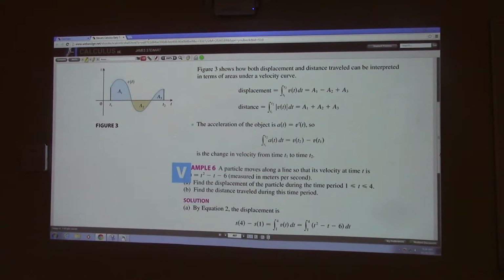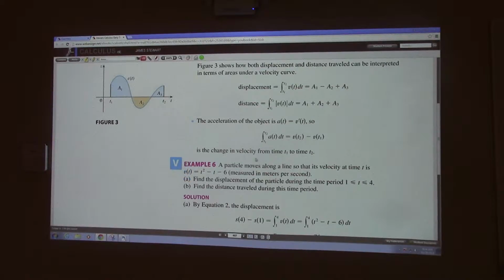Here's one. The particle moves along a line, so the velocity at time t is v of t equal to t squared minus t minus 6. Find the displacement of the particle during, well, you've got your 1 to 4 here, so your b is going to be 4, your a is going to be 1.